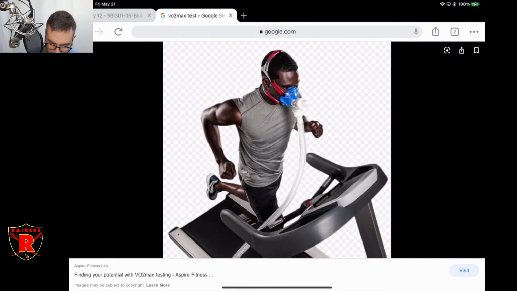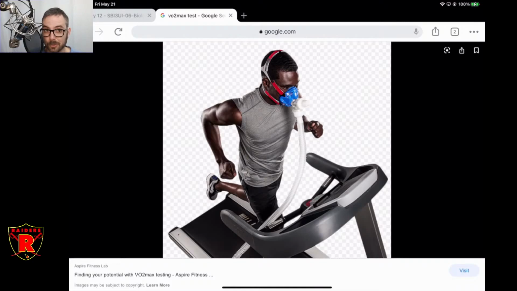So this individual has got a device, and what that device does is it knows how much oxygen is going in, and it's measuring the amount of oxygen in the gas that is coming back out again. And so by comparing those two values, knowing how much air is going in and the percentage oxygen, and then how much air is coming out and the percentage oxygen, it can measure the difference, and then determine how much is actually being utilized.